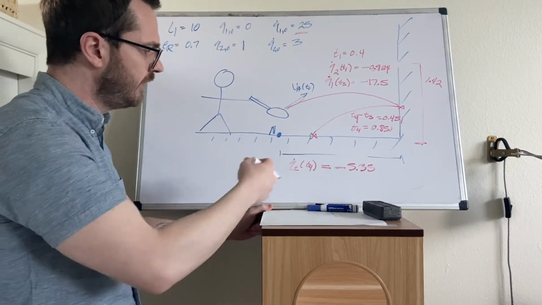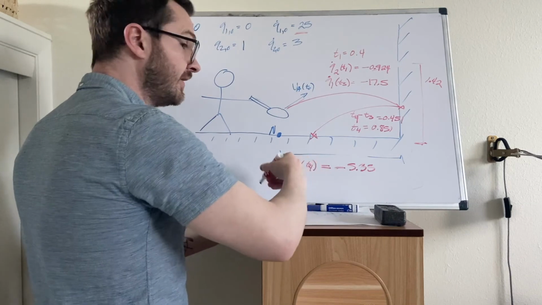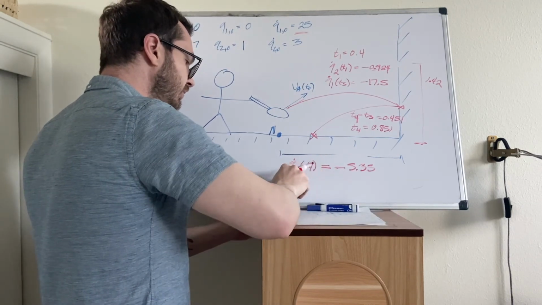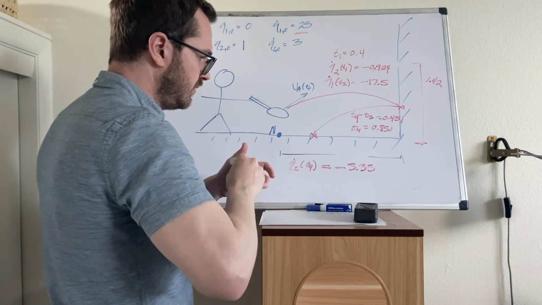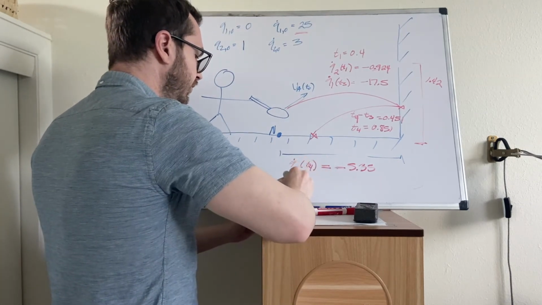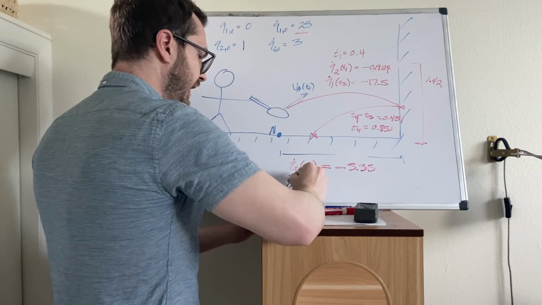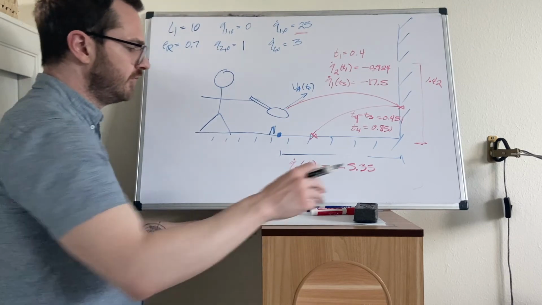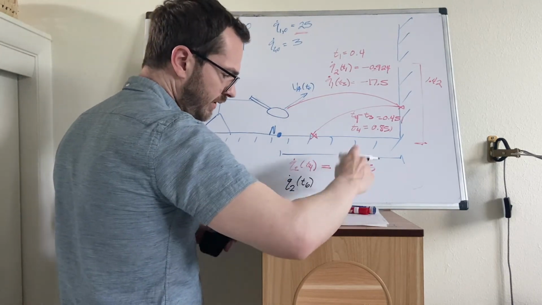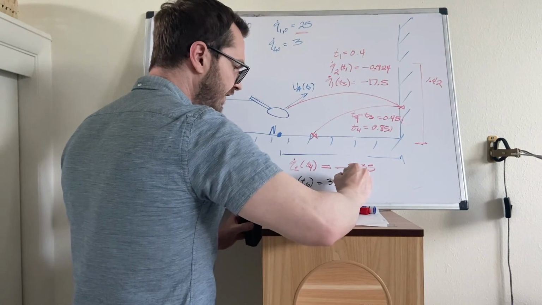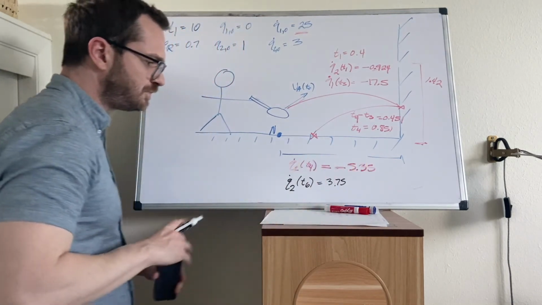We perform the impact analysis and we find the speed coming out of the impact. This is now Q2 dot at time 6. So the Q2 dot at time 6 came out to be 3.75.